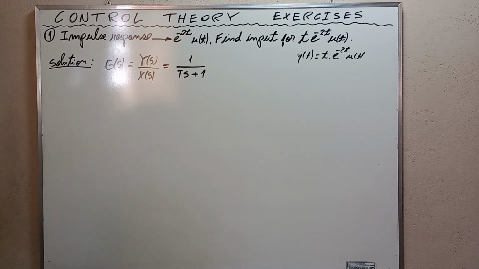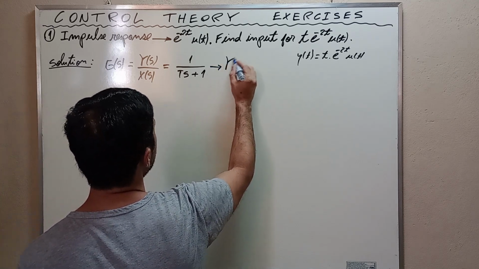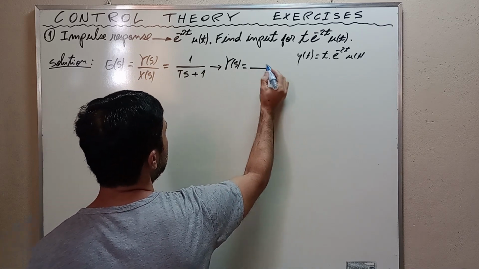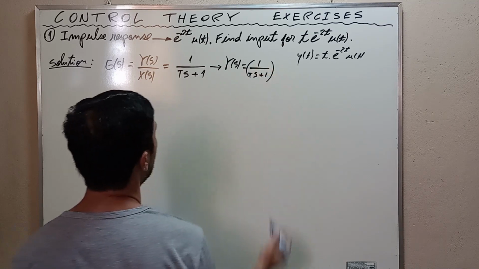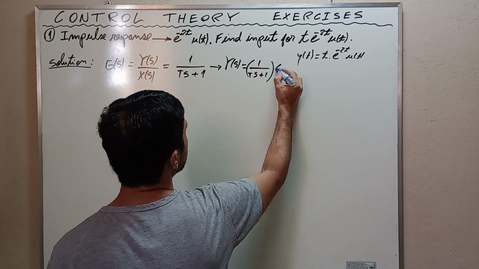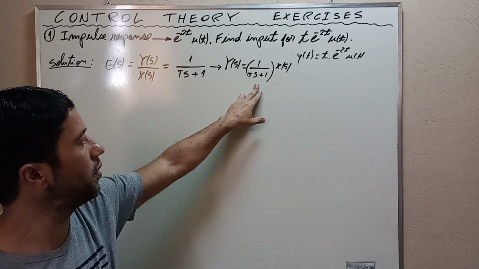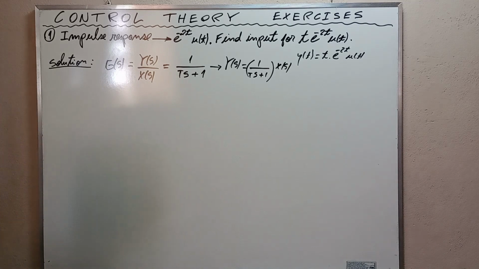If we wish the output, we can simply do this. The output in the frequency domain is going to be equal to the transfer function times the input. The output is going to be the product between the transfer function and the input.